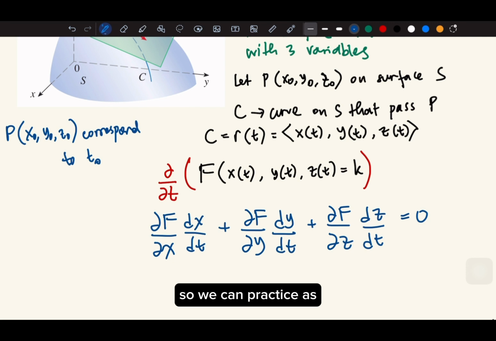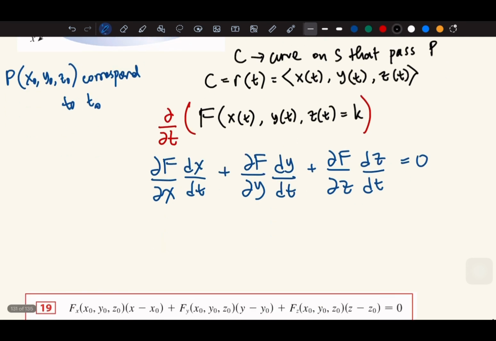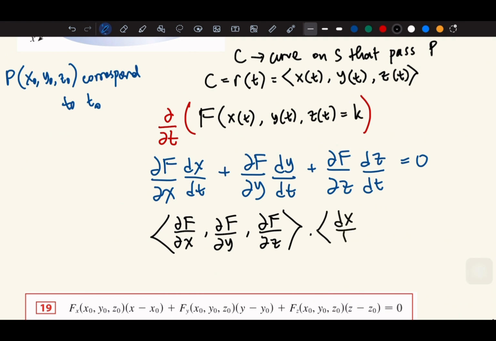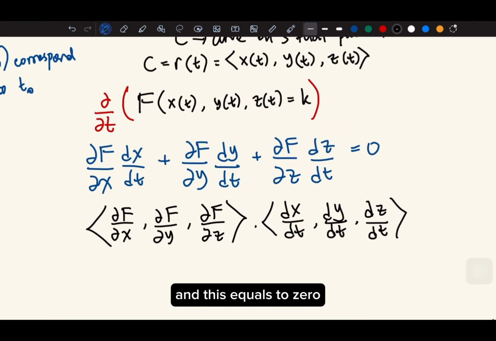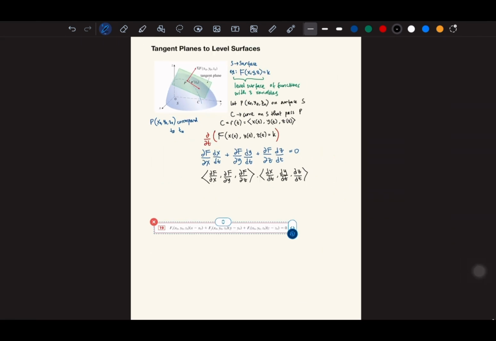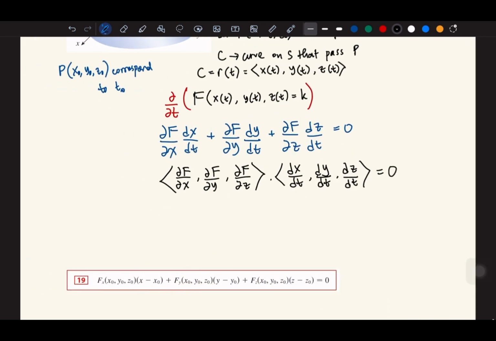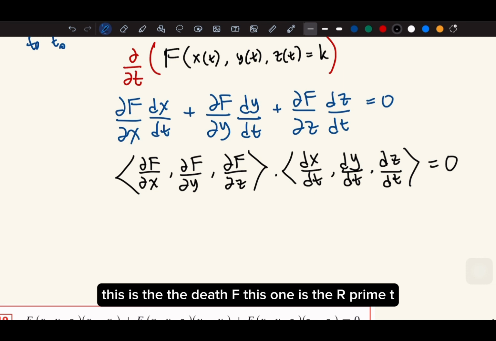So we can write this as the del of f dotted with r prime t, and this equals 0.